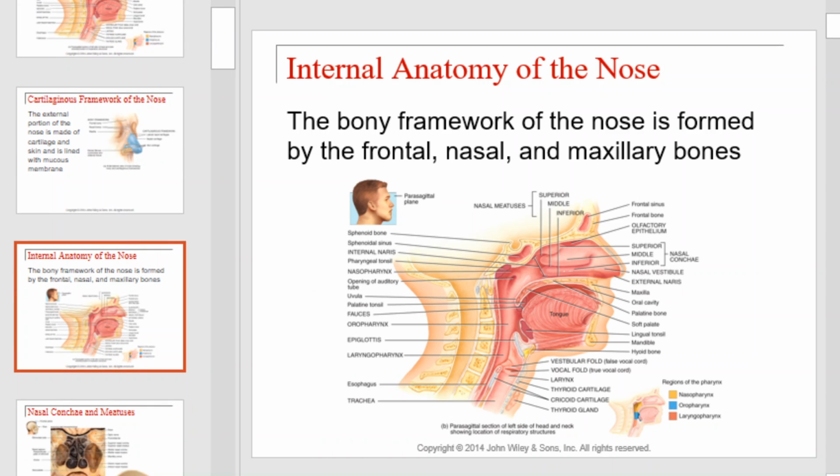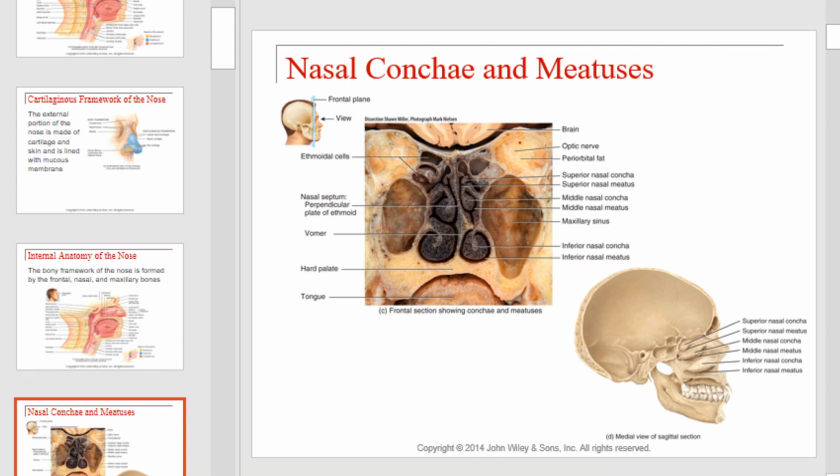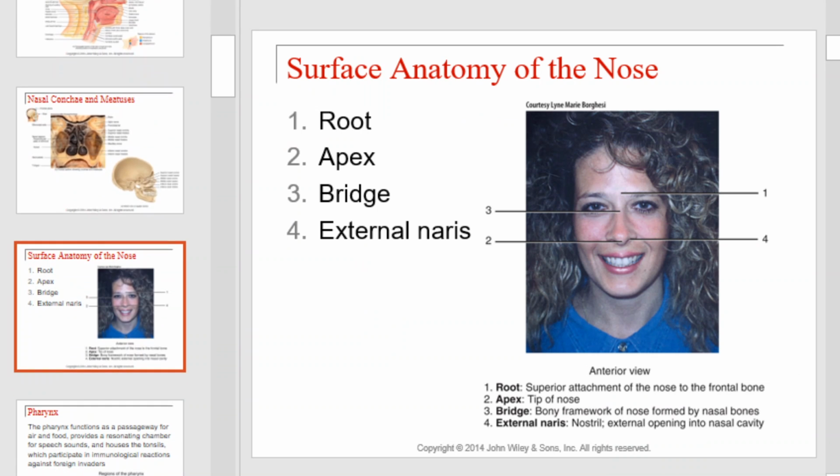The bony framework of the nose is formed by the frontal, nasal, and maxillary bones, illustrated in the picture below. The nasal concha and medius are illustrated in this diagram. Finally, the surface anatomy of the nose, which consists of the root, apex, bridge, and external nares, labeled in the picture to the right.